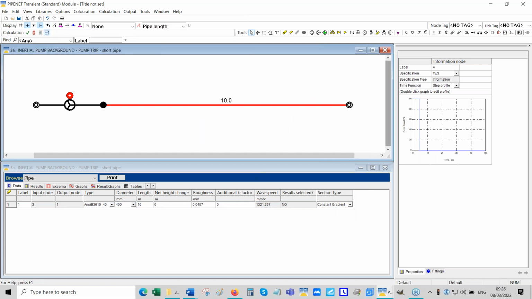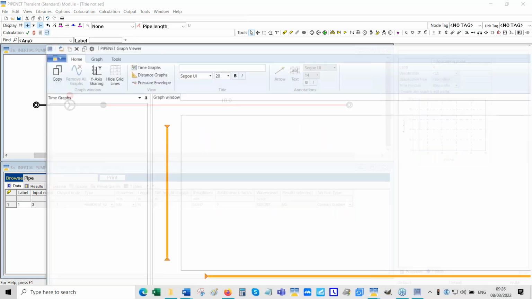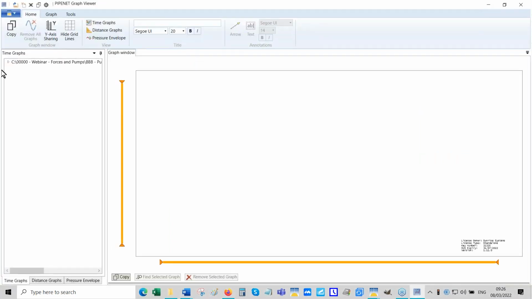So let's look at pump speed. The setting of the inertial pump is what you supply to the information node.